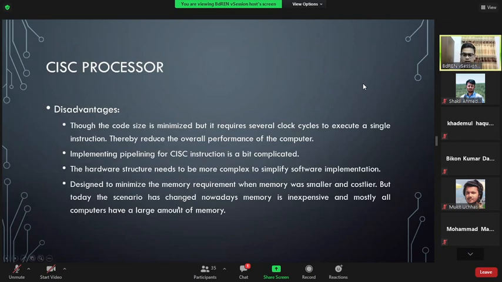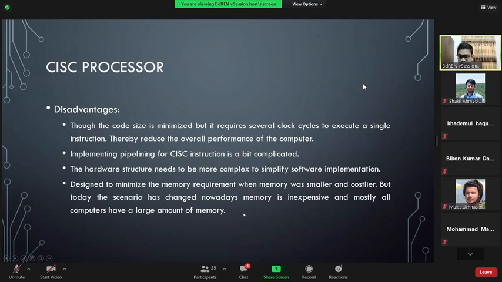I think the most considerable disadvantage is the last one. That is the most significant disadvantage of the CISC processor. What is it? It says it was designed to minimize the memory requirement when memory was smaller and costlier. But today, the scenario has changed, and nowadays memory is inexpensive, and almost all computers have a large amount of memory.